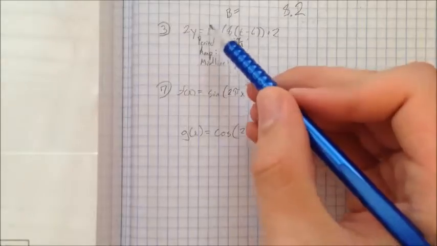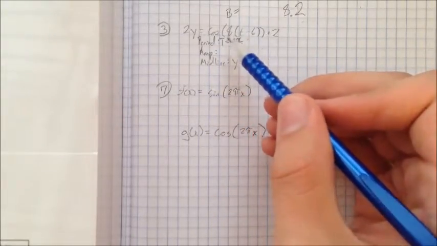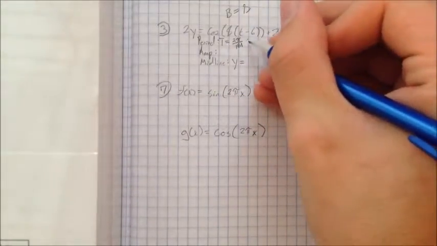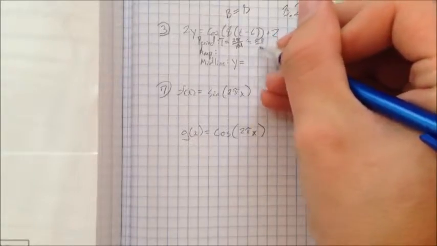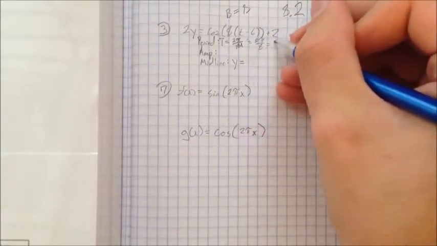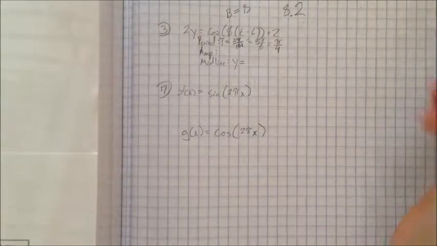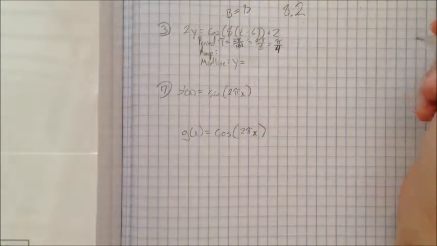If we think about it like this, there's a 1 right here, cosine parentheses b. b is 8. So 2 pi divided by 8 is equal to pi over 4.